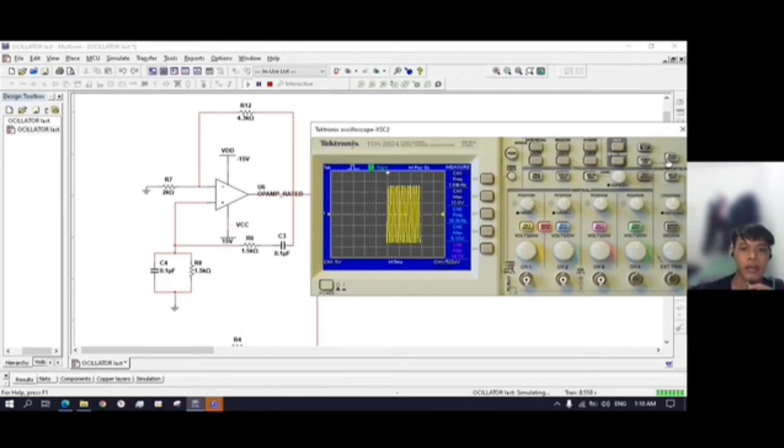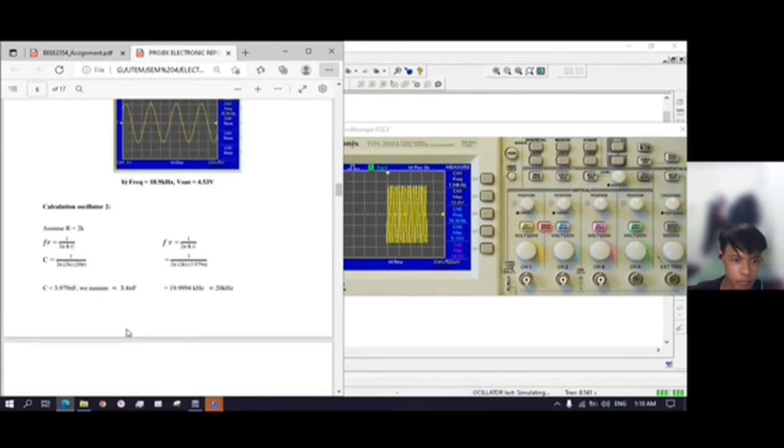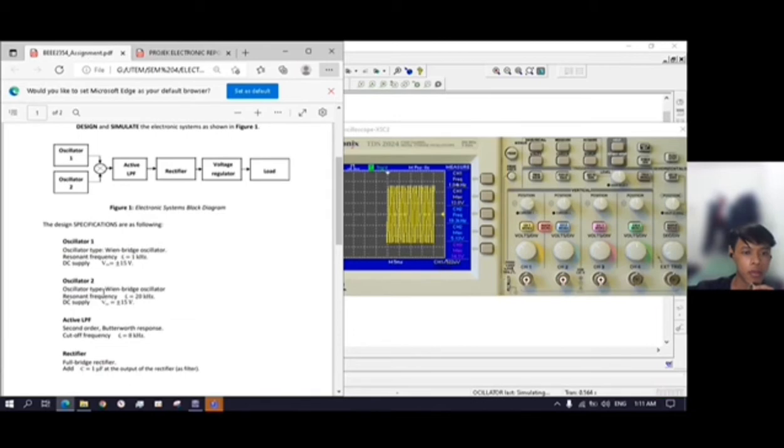Now we go to the second oscillator, oscillator 2. In oscillator 2, same steps as oscillator 1, we have to assume the resistor, but the guideline tells us to make the output 20 kilohertz for oscillator 2, while oscillator 1 is 1 kilohertz.